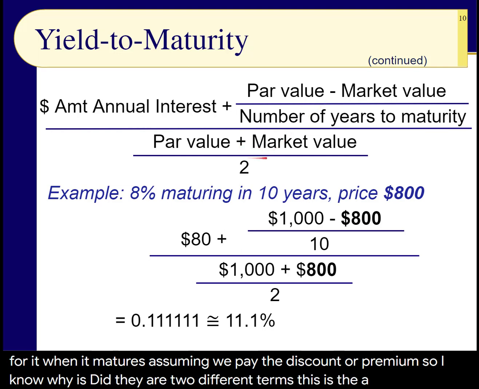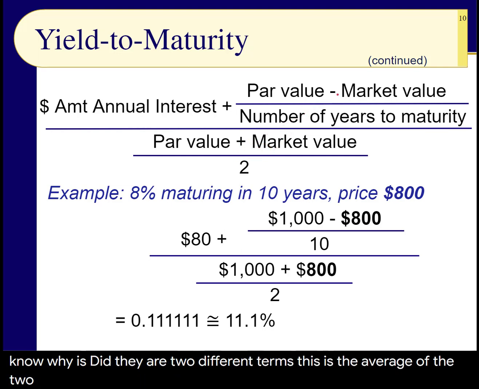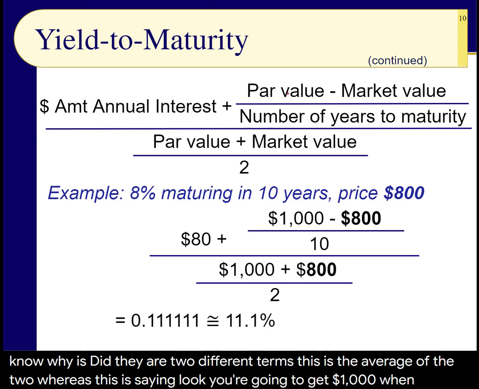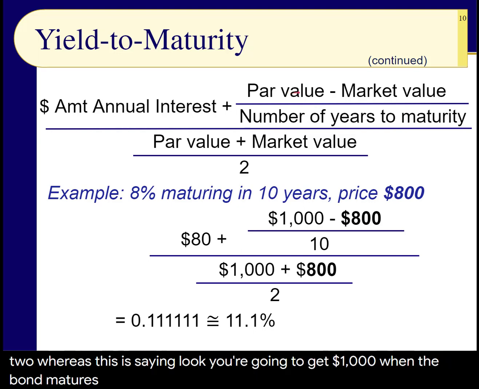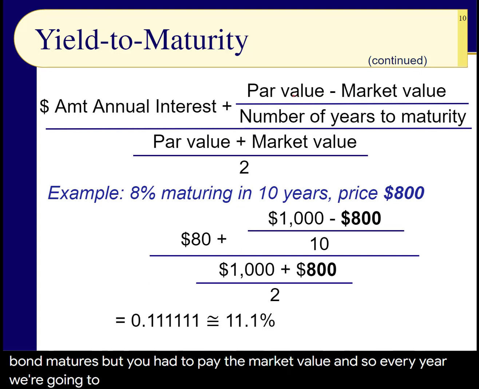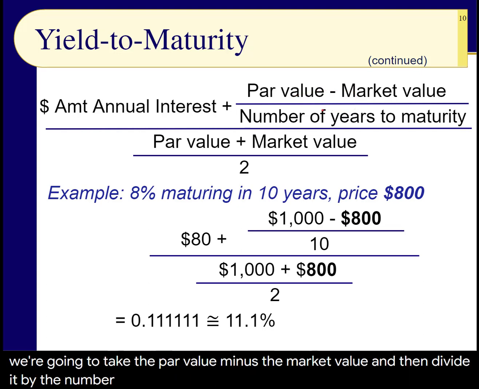This is the average of the two. Whereas this is saying, look, you're going to get $1,000 when the bond matures, but you had to pay the market value. And so every year we're going to take the par value minus the market value and then divide it by the number of years until it matures.